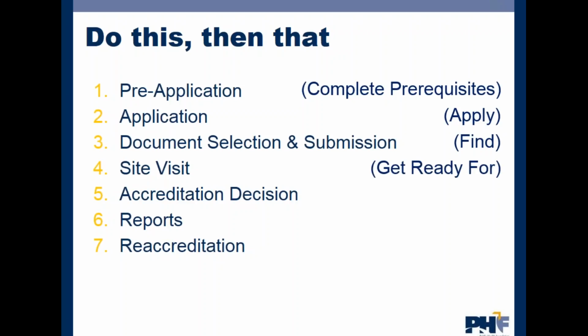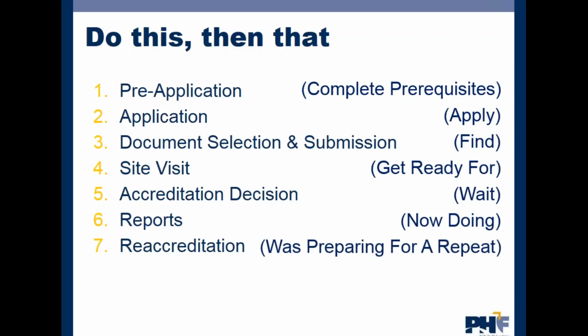In step 4, you're getting ready for the site visit and hosting the site visit. In step 5, you're waiting for an accreditation decision. Next, you're doing your reports. Once you're accredited, your annual reports and your quality updates, and then the reaccreditation piece was preparing for a repeat of everything you did before. This is the order in which people were approaching and thinking about accreditation.